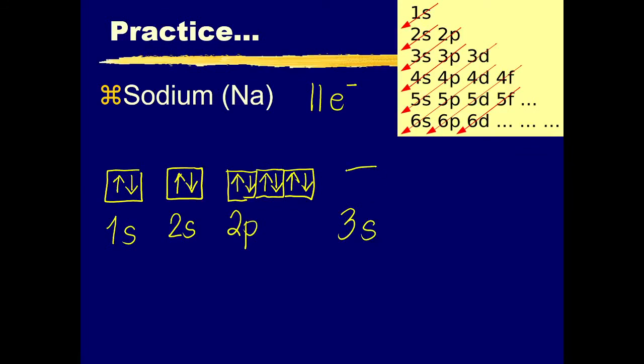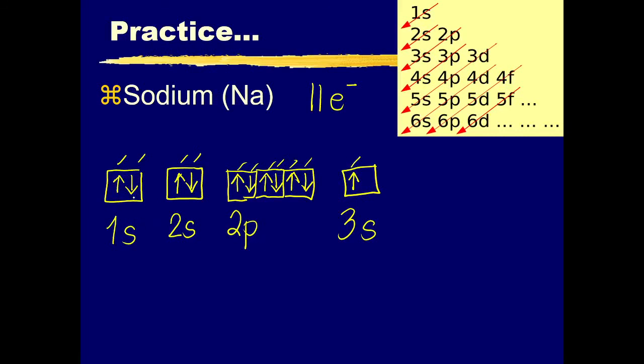So how many electrons do we put there, Section Emerald? Just 1, so that it makes 1, 2, 3, 4, 5, 6, 7, 8, 9, 10, 11 electrons.